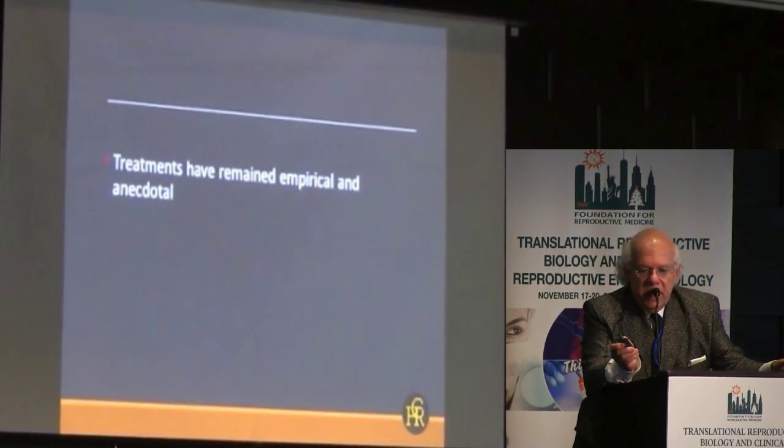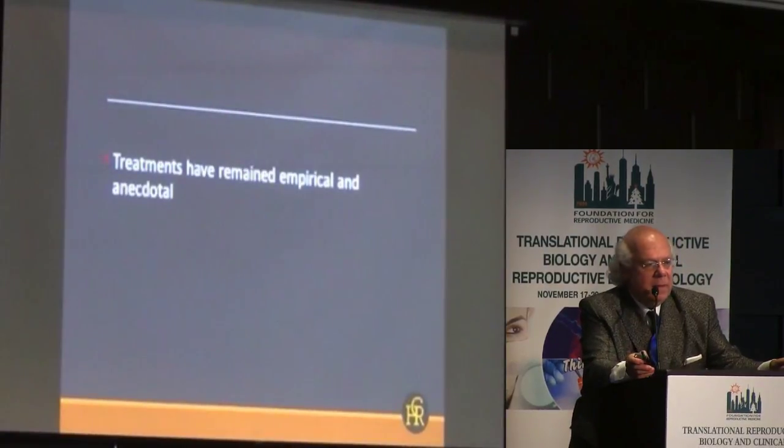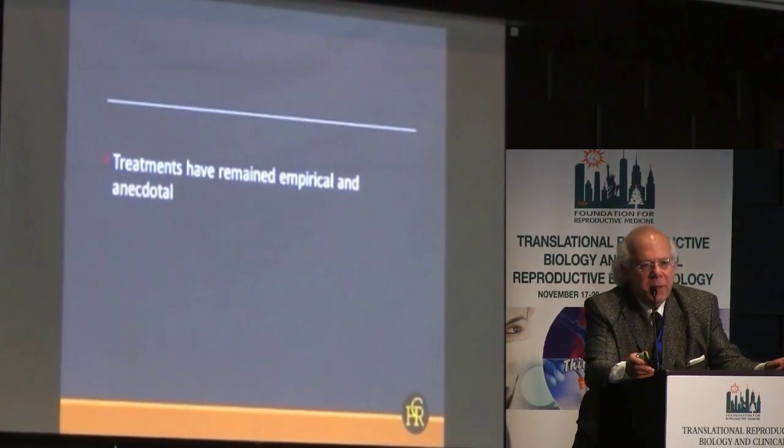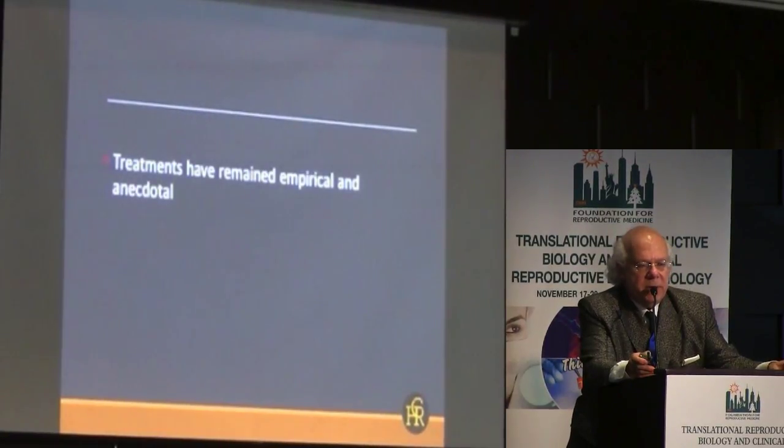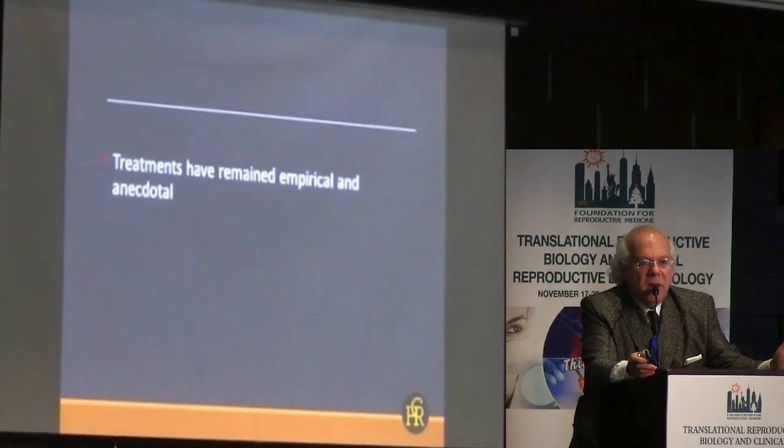Let me close with a little, unfortunately very little, we currently know about how to treat a patient where we finally have come to the conclusion that her pregnancy loss is likely immune in nature.